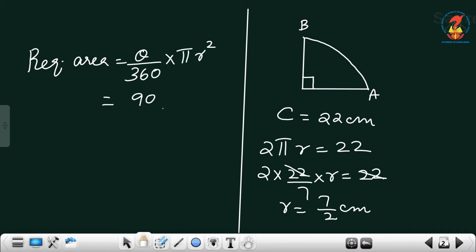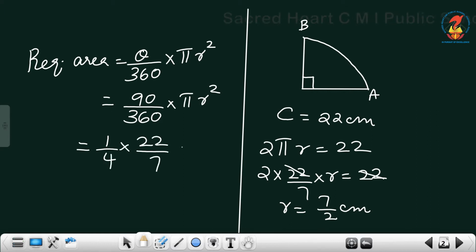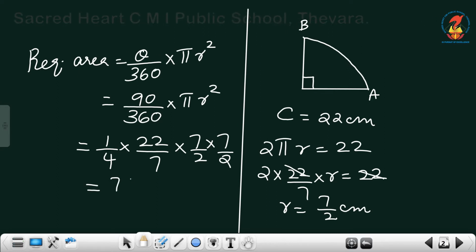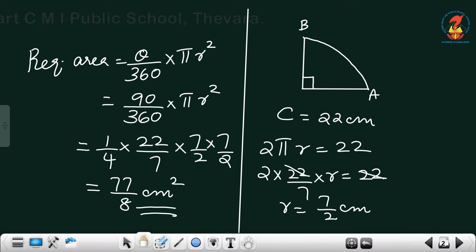So theta is 90 by 360 into pi r square, which is equal to 1/4 into 22 by 7 into 7 by 2 into 7 by 2. The answer is 77 by 8 centimeter square.